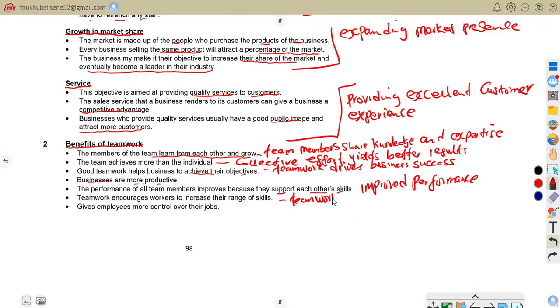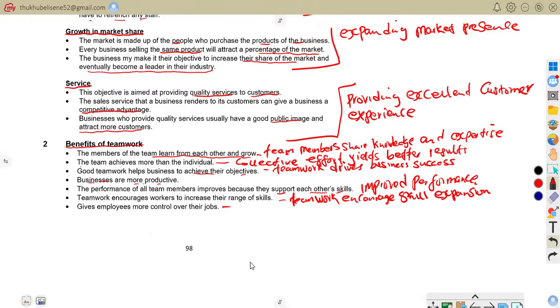So when you're saying teamwork encourages workers to increase their range of skills, it also gives employees more control over their jobs.